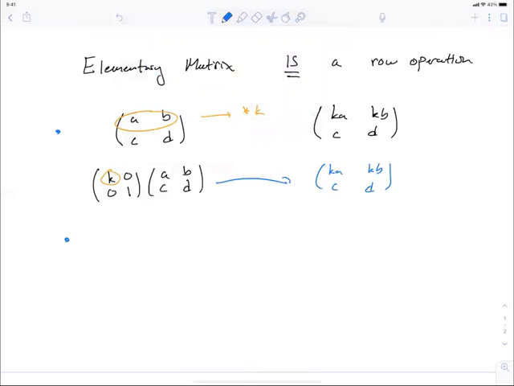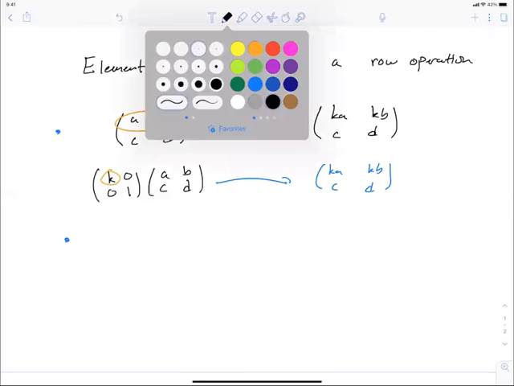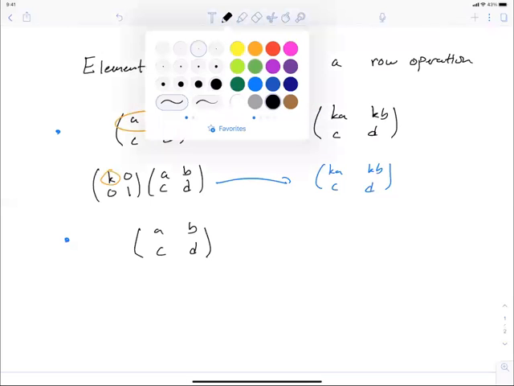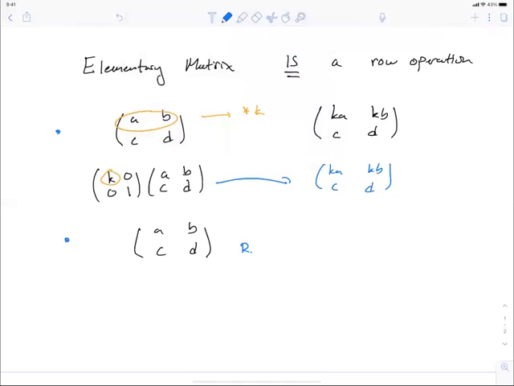All right, the next one is the other row operation we use a lot, which is we're going to take one row, in this case row 2, and add some multiple of another row. And this is something we know and love to do.